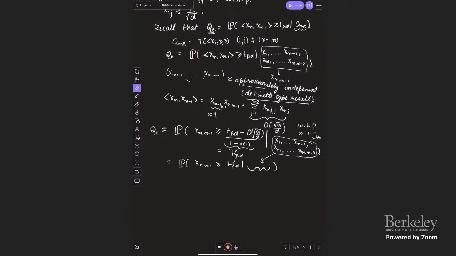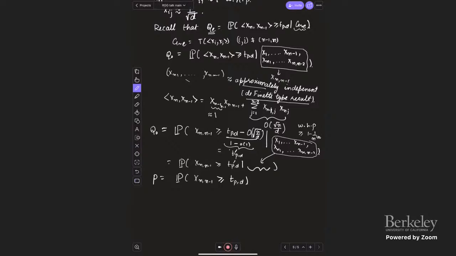Now we go back and check that by definition, P is equal to the probability that ⟨xn, xn−1⟩ is at least TPD. This suggests a natural way to bound the difference between these two.